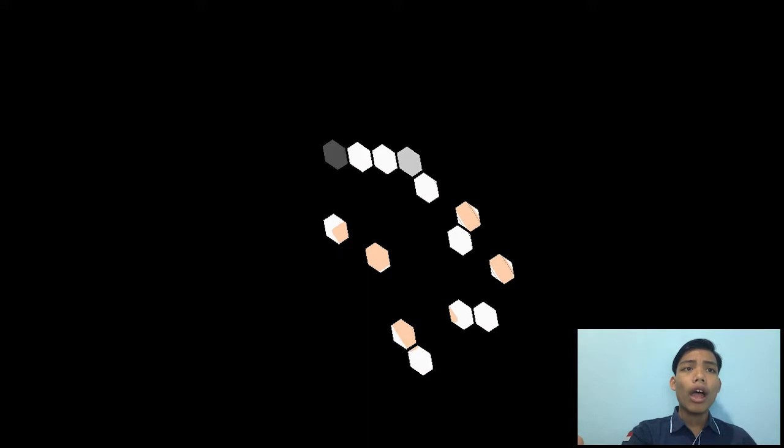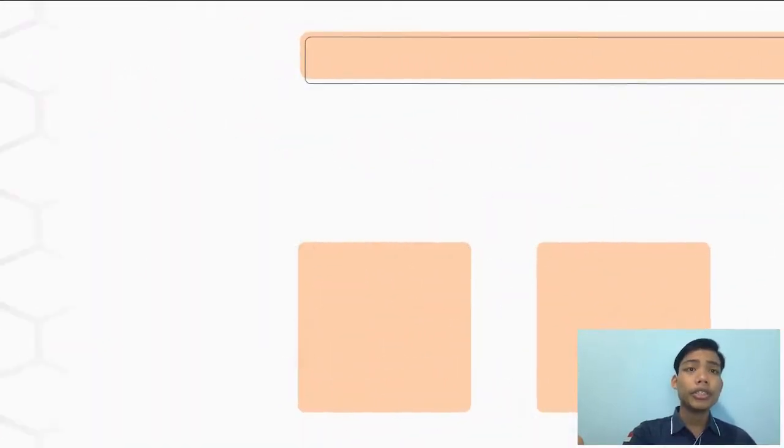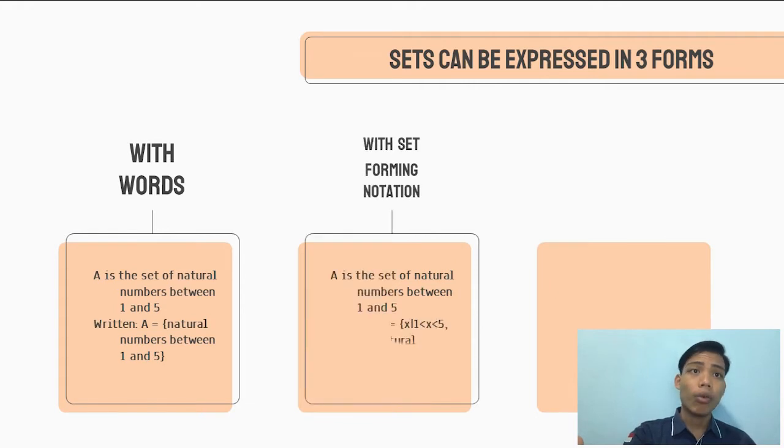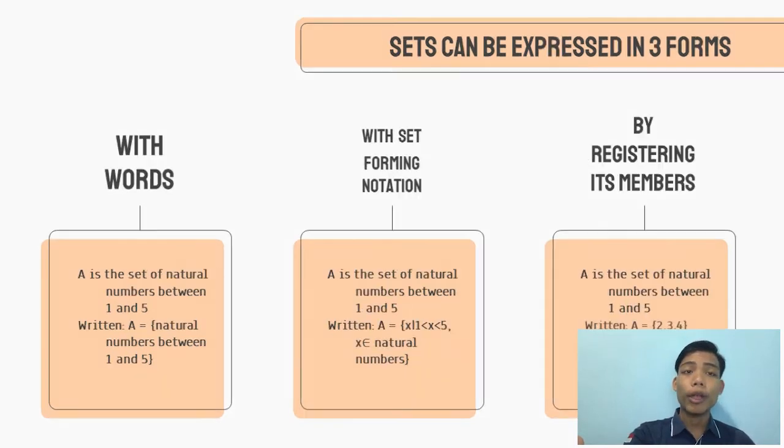So I think sets can be expressed in three forms. The first one is with words, the second one is with set-builder notation, and the third is by listing its members. The first one is with words. For example, A is the set of natural numbers between 1 and 5. You can write like this or like that. The second one is with set-builder notation.